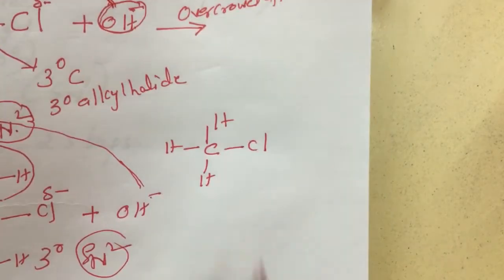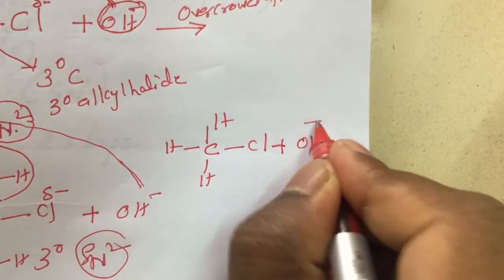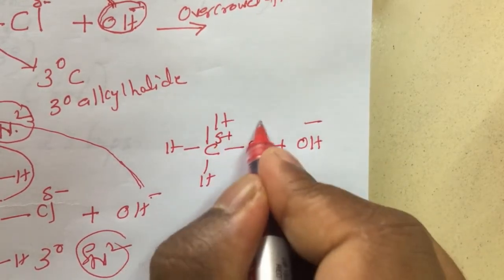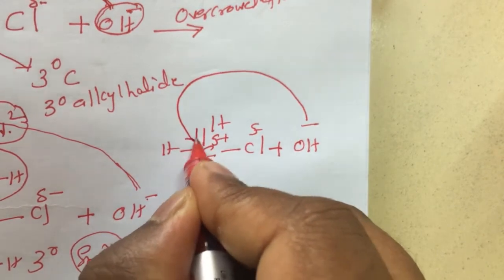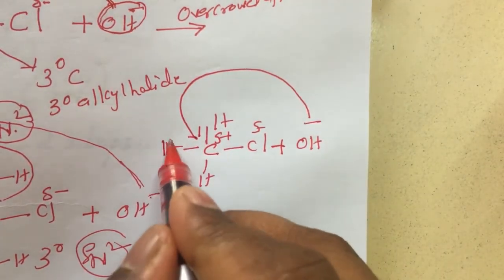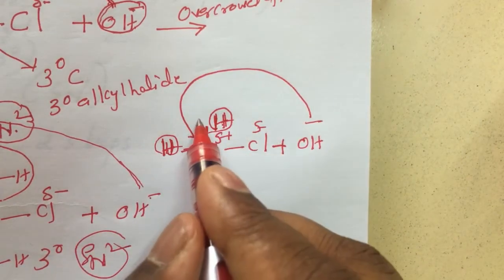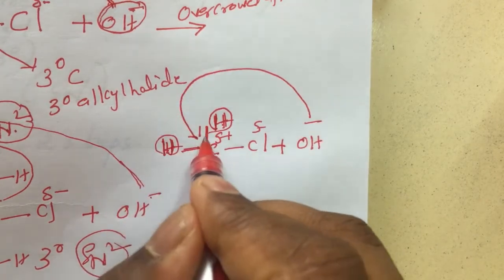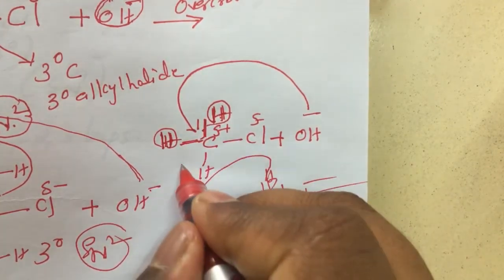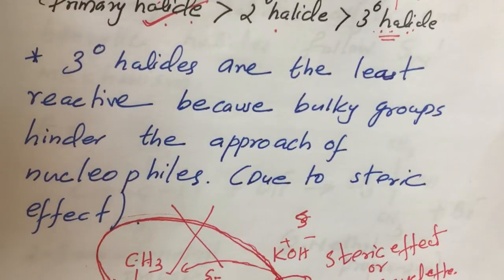There are 3 hydrogen atoms. Then OH minus, delta positive, delta negative. OH minus can easily attack the positive carbon. Why? Because here there are only small hydrogen atoms, so overcrowding or steric effect is less. So OH minus attack from the backside is possible. So in the case of primary, SN2 is preferable.